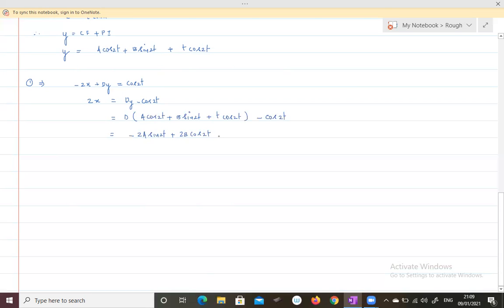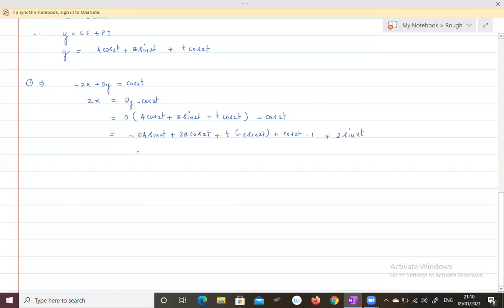And for the third term, since there are two variables here, t and cos 2t, we have to use the product rule: first term into differentiation of second, plus second term into differentiation of first, minus the last one, differentiation of the last term is plus 2 sin 2t.